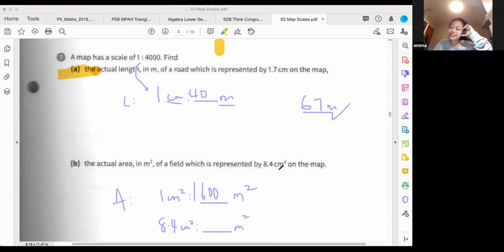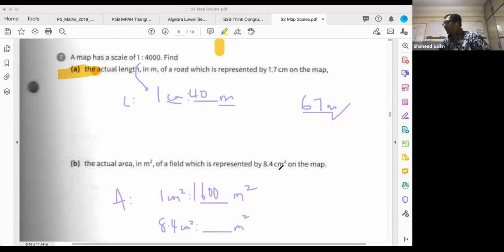Wait. Hmm? I think I'm confused. Okay, you tell me now, which part are you confused? Are you confused why this one is 40, then suddenly 1? From 1 to 40, I understand. But square 1 becomes 1,600. Is it too big for you? So we draw this on a map, 1 cm by 1 cm.